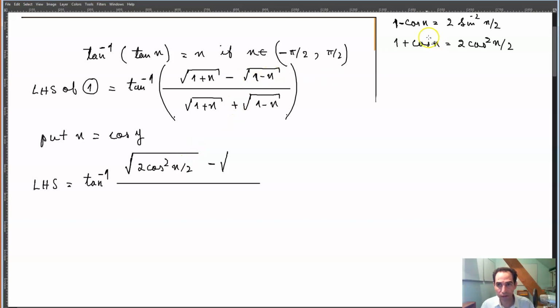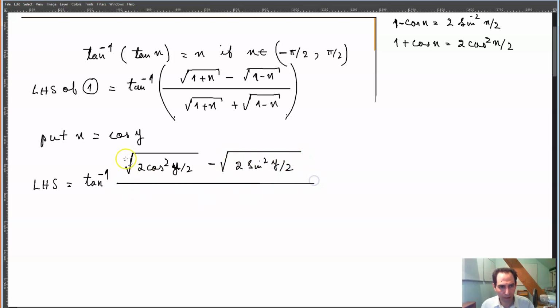1 minus cos y would be 2 sine squared y divided by 2.